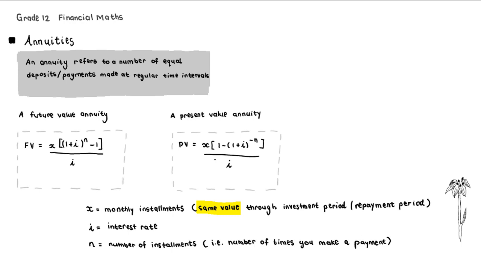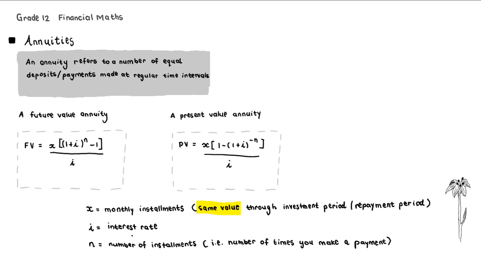So let's just recap. In both the future value annuity and the present value annuity, your X value refers to your monthly installments. This X value is always the same value throughout your investment period or your repayment period. So when I say investment period, we'll be talking about your future value annuity, and if you talk about a repayment period, you'll be talking about looking at your present value annuity, right?